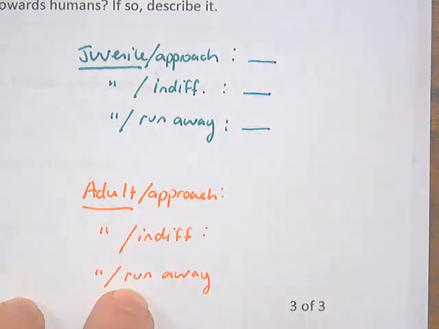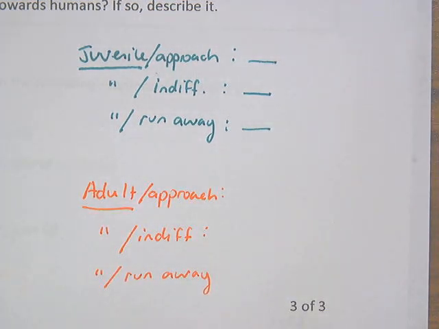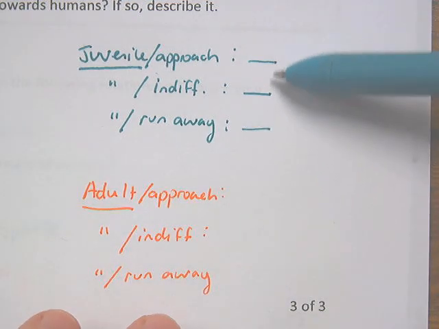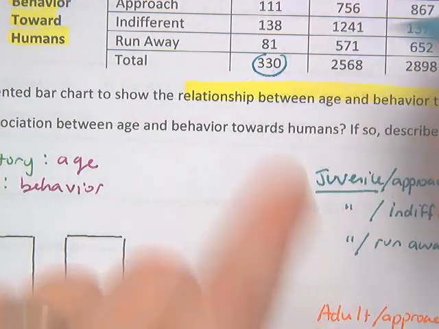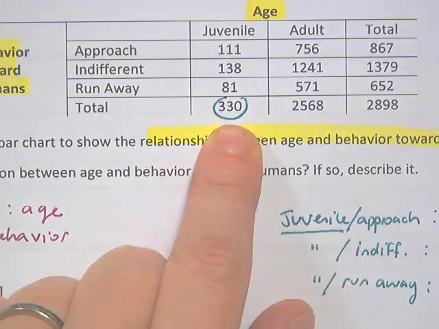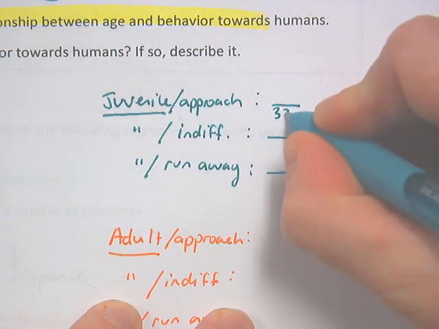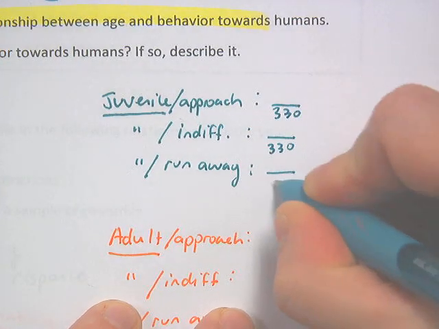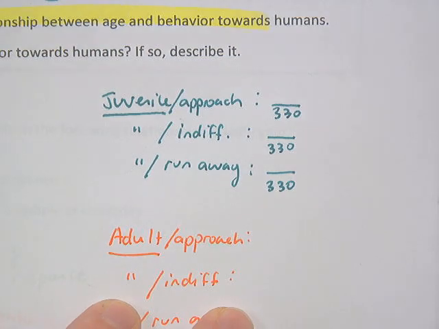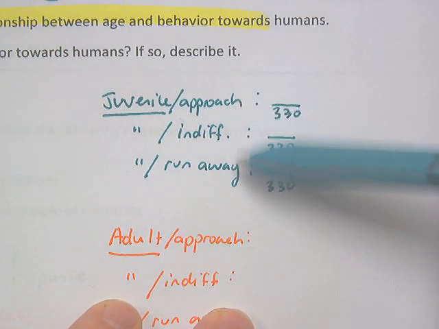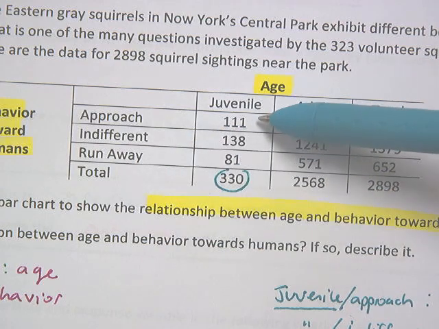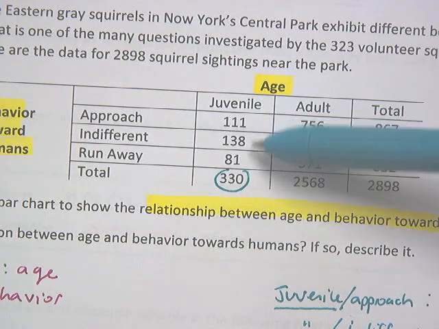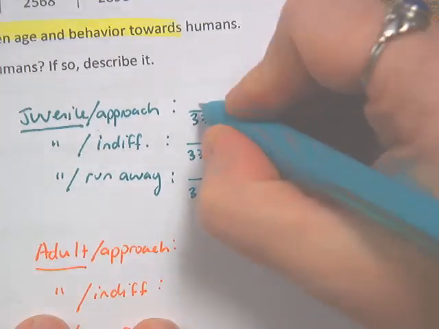I'm a person who really likes patterns in math. It's how I survived high school math. I just found patterns. So my denominator is going to be the same for all the juvenile fractions, and it's going to be 330. And I stacked these how they were in the table, approach, indifferent, runaway, so I can just take the numbers 111, 138, and 81.